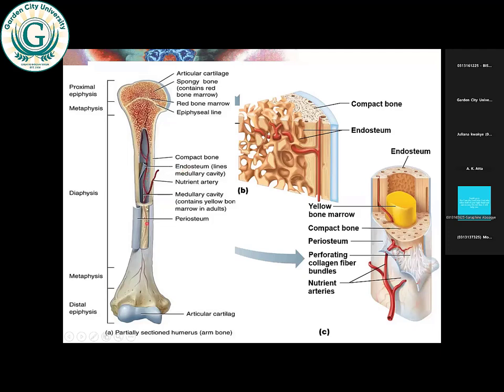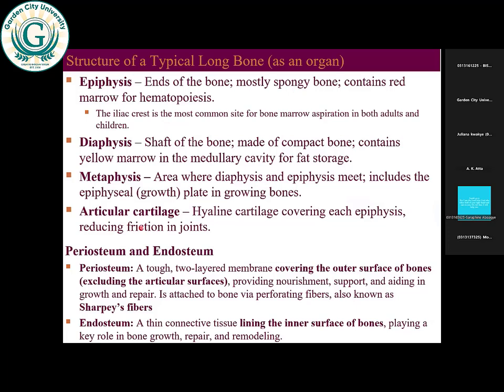The important point that you need to know with the periosteum and endosteum is this: they contain stem cells. So they aid in growth and what? Repair.